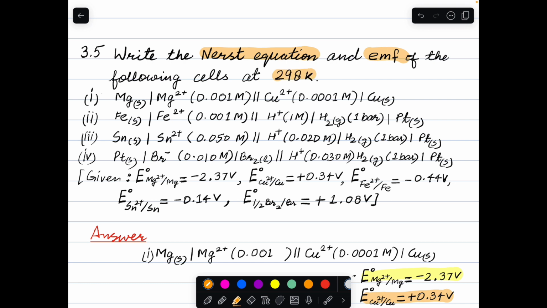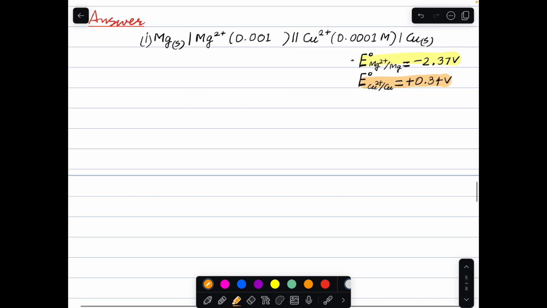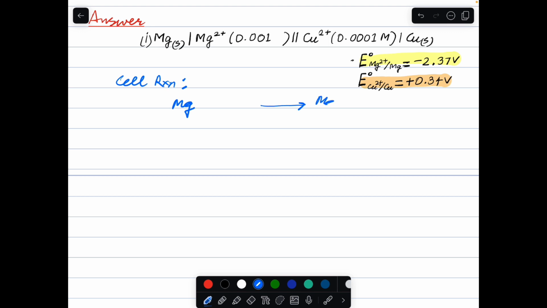So the first equation, the equation I have written already, and first we will write down the cell reaction so that we are able to write down the Nernst equation. So what is the cell reaction in this case? In this case, magnesium metal is converting to Mg2 plus ion, which goes into the solution. This process is oxidation.